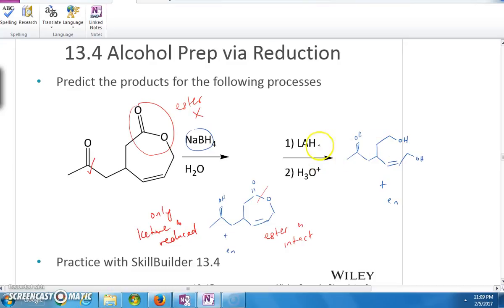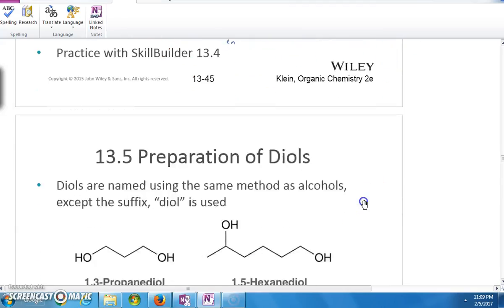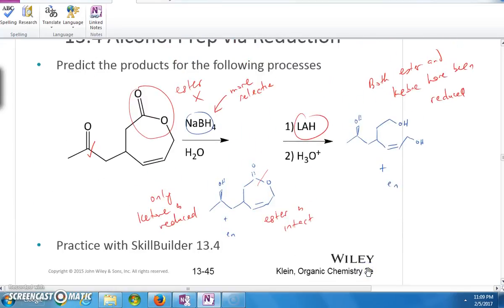But with lithium aluminum hydride, notice that both ester and ketone have been reduced. So you can see that sodium borohydride is more selective because it doesn't touch the ester. So that's something you need to know, the difference between using sodium borohydride and lithium aluminum hydride.